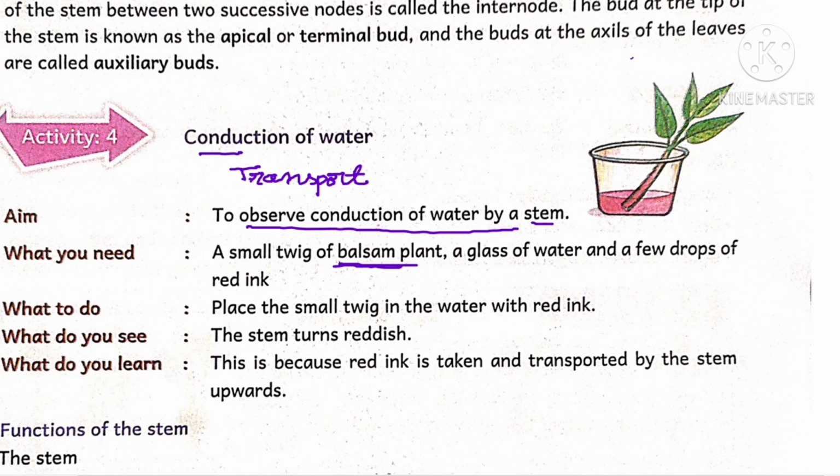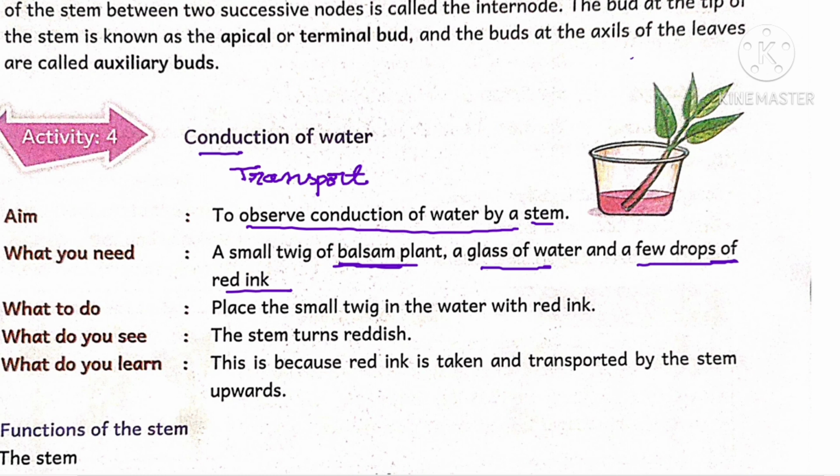If you don't have a balsam plant, then we can take an amaranthus plant, which we can call Thotakura. So we need this plant, a glass of water and a few drops of red ink. These three items we need to conduct this experiment.